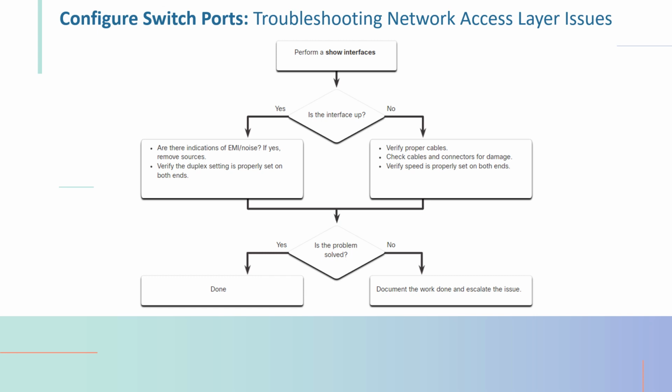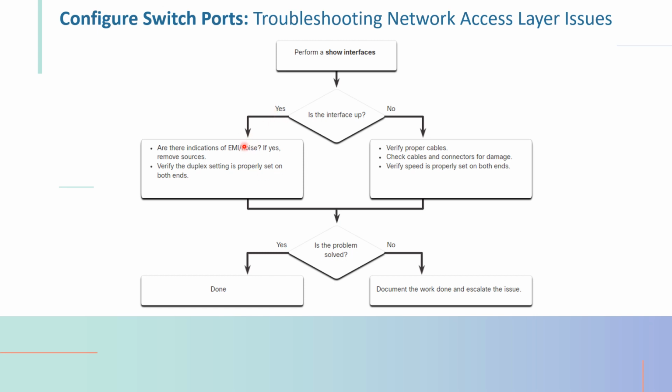If a speed mismatch does occur through misconfiguration or because of a hardware or software issue, it may result in the interface going down. In this case, you manually have to set the same speed on both connections. And what happens if the interface is up?